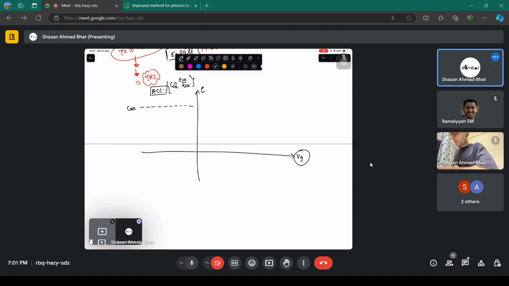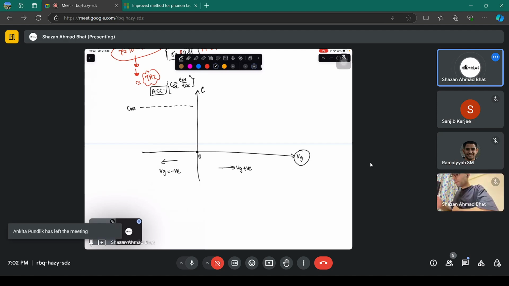Now, what happens up to this particular value? This is V gate 0. In this region, V gate was negative. In this, V gate is positive. But once you go from negative towards zero and then the positive side, you change the capacitance. Now you have the depletion capacitance, and you know that overall 1 by C is 1 by C oxide plus 1 by C depletion.